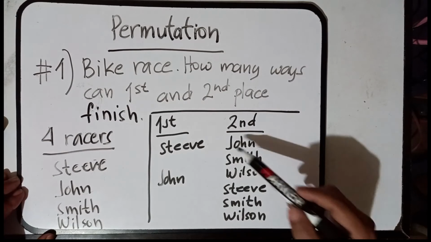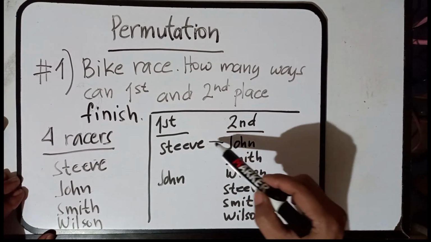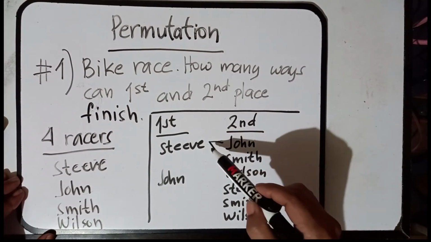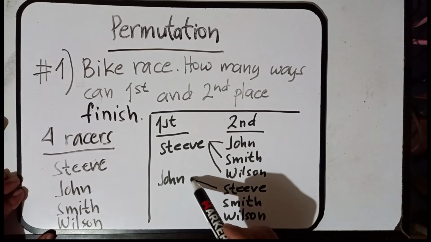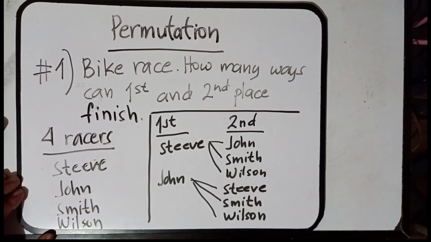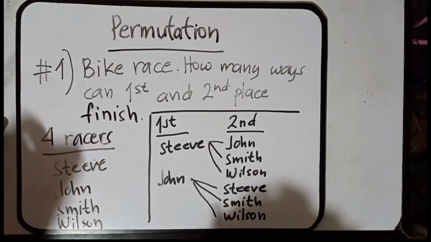So if Steve is the first placer, it is John who will take the second place, or Smith, or Wilson. But if John is the first placer, it can be Steve, Smith, or Wilson who will take the second place. Same goes with the rest. If Smith is the first placer, so let me erase this first.